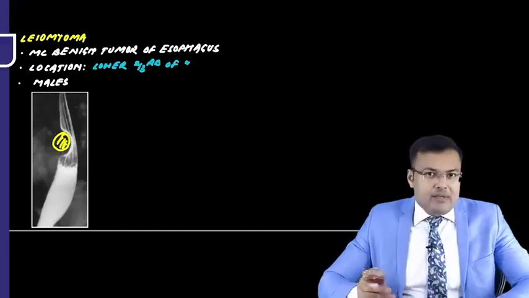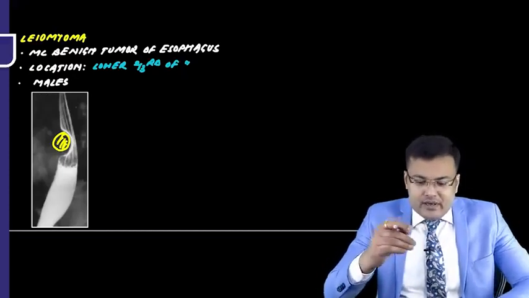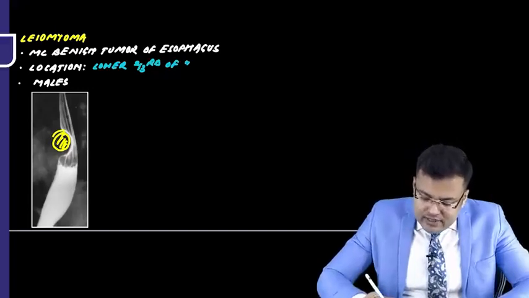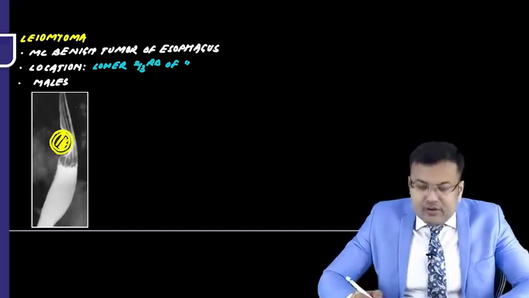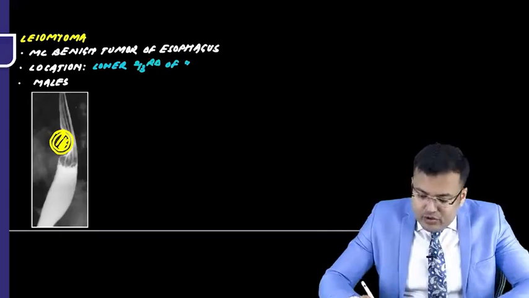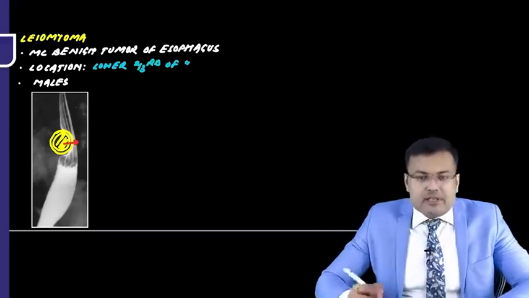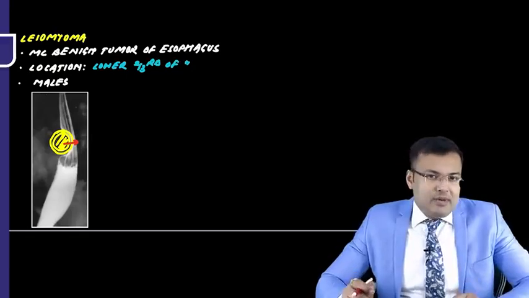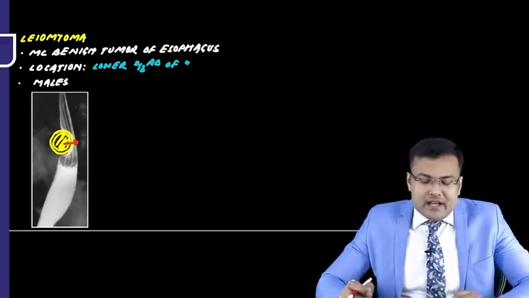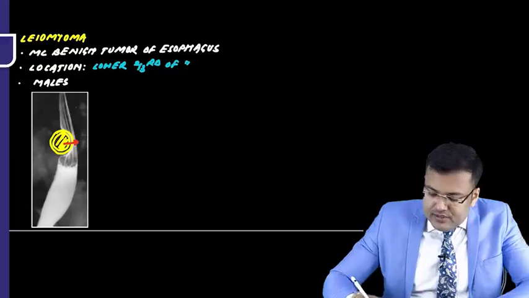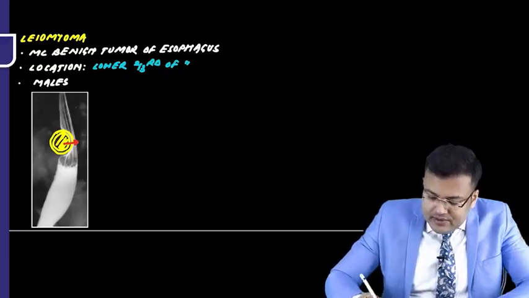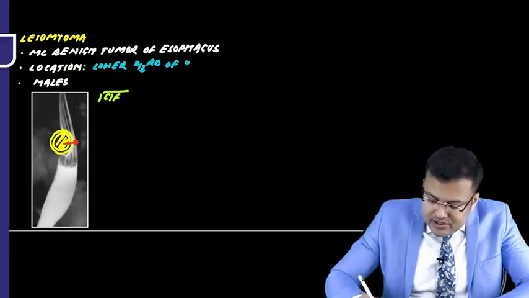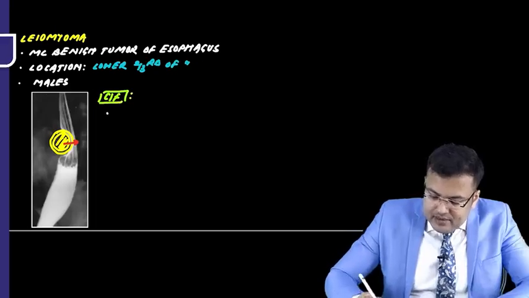Clear? Initially the patient is asymptomatic, but slowly, as the size of the leiomyoma keeps on increasing, it is going to compromise the lumen of the esophagus.